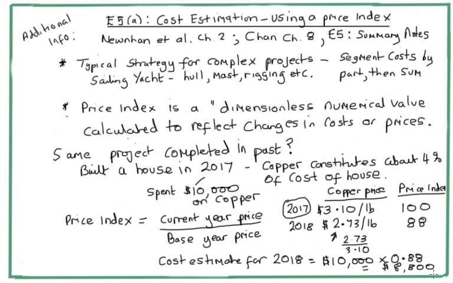So as you can see, this would be a laborious process, but it's a very nice way of coming up with a solid estimate in one year based on information that you know was true in a previous year. So you just escalate the prices using a price index. All right, that's it for this video.